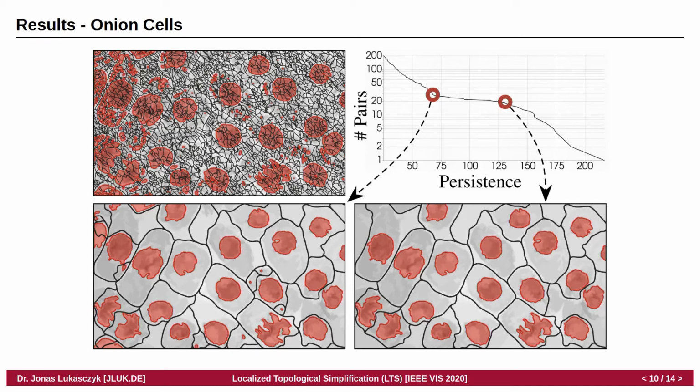The endpoints of such plateaus often correspond to thresholds that separate noise from signal, and we can see that the threshold on the right side of the plateau yields some strong segmentation results. This example also highlights the primary advantage of pre-simplifying the data over post-simplifying the abstractions, namely that once the data is simplified, all subsequent computed abstractions benefit from the simplification and are consistent with each other.